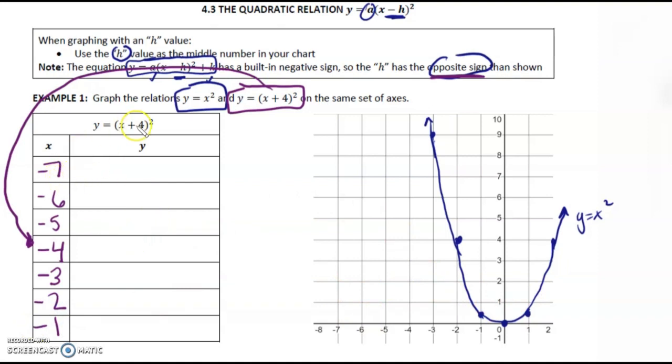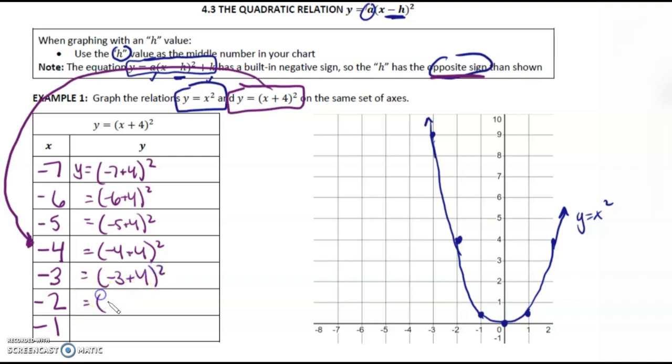Let's sub all of these into y equals. We're going to have negative 7 plus 4 all squared, then negative 6 plus 4 all squared, negative 5 plus 4 all squared, negative 4 plus 4 all squared, negative 3 plus 4 all squared, negative 2 plus 4 all squared, and negative 1 plus 4 all squared.